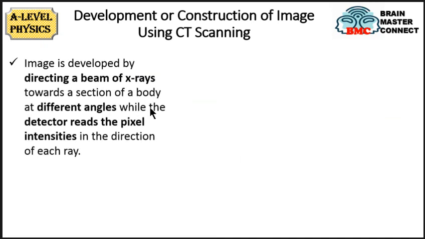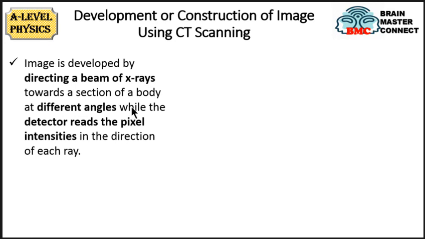Number 1, image is developed by directing a beam of X-ray towards a section of a body at different angles while the detector reads the pixel intensity in the direction of each X-ray.